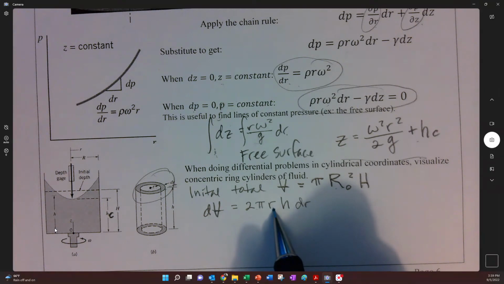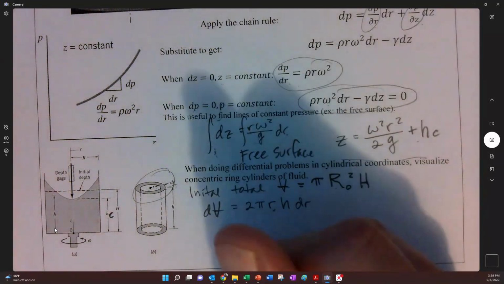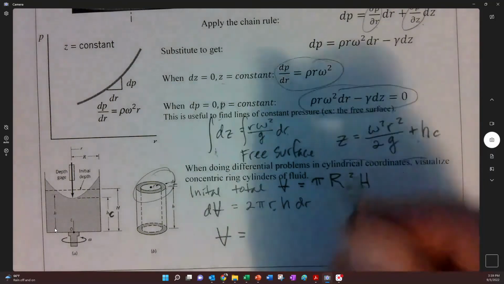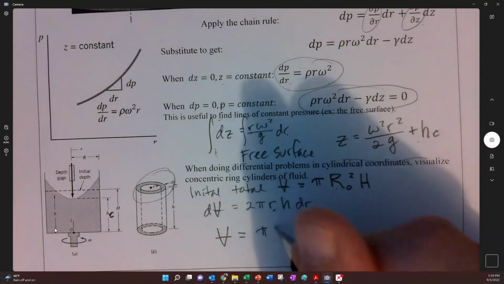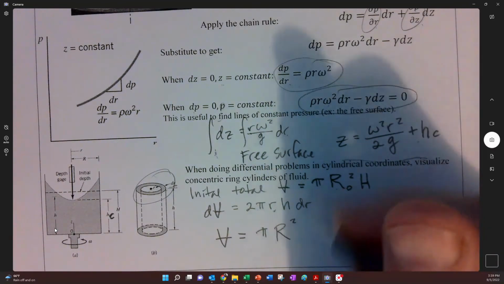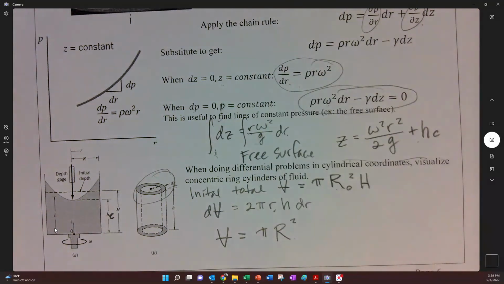R is a function of height, and instead of just integrating it, I decided to get lazy and said, well, the volume that we would find when spinning the thing is going to be equal to pi big R squared right here. I think I should make it big R0.